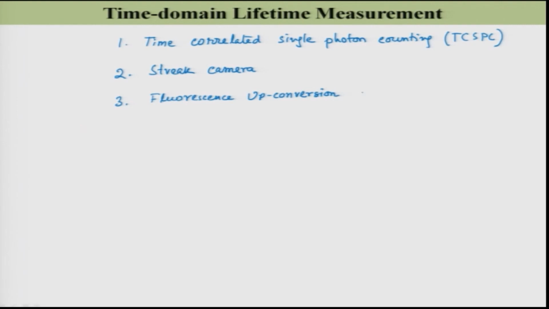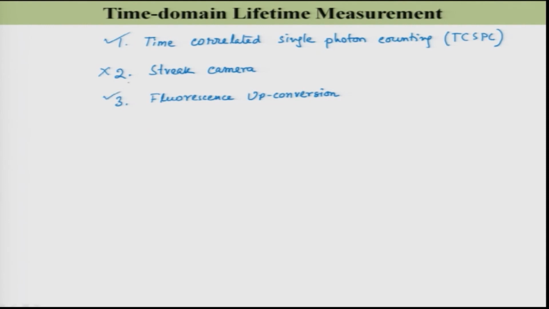So, this is also very popular. All these methods are popular. Each method has its own advantage and own disadvantage. First, let me tell you about this time correlated single photon counting. I will not discuss the streak camera because it is a little complicated and I do not want to discuss it in this basic course, and then I will discuss the fluorescence upconversion.